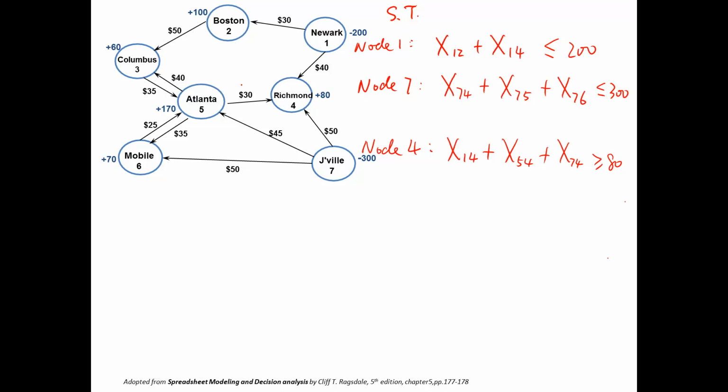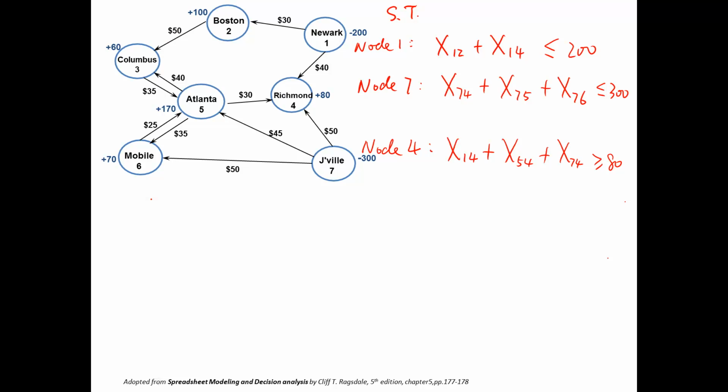Then for node 2, 3, 5, 6, 7, these are the transshipment nodes. And we did some basic analysis already at the beginning. We said that for the cars that go into this node, subtract the number of cars that go out of this node. This should fulfill this 100 here.